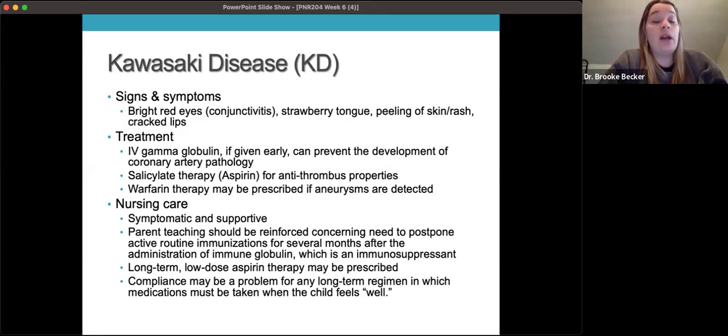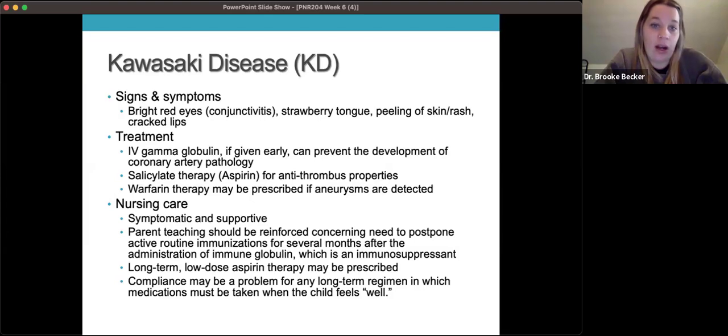These kids will also be on aspirin. So like I said, this is another case where kids are on aspirin because of the risk of thrombosis after having Kawasaki's disease. The period of time varies depending on the kiddo and their significance defects. They may also wind up on warfarin if there are concerns for aneurysms in that coronary artery. Okay.